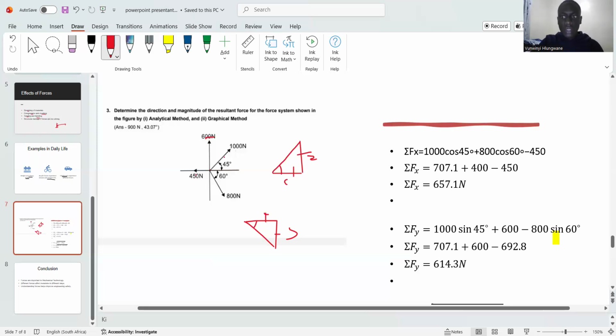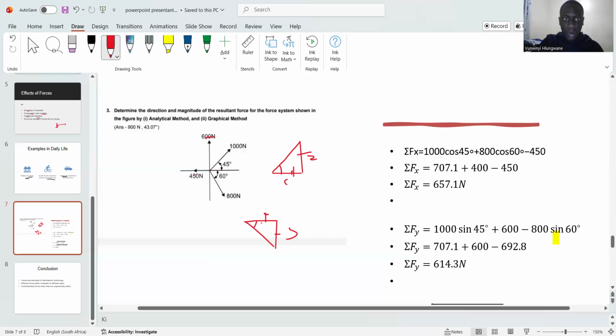Then we are going to sum the forces. The sum of forces on x is force cos 45, because it's on x. This one will be 1000 cos 45. Then here it is 800 cos 60.